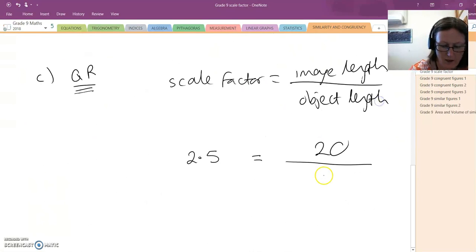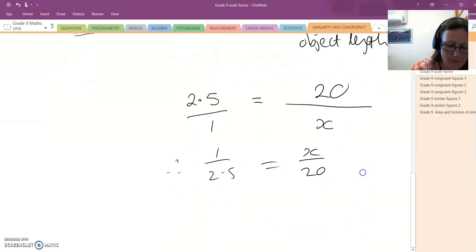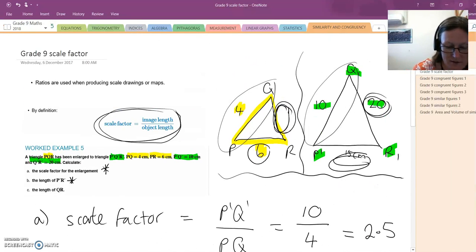So let's call that X. Again, what I'll do is flip and flip. And if I times this side by 20 to get rid of that, times this side by 20, 20 divided by 2.5 is 8. So 8 centimetres is what this side must have started off as.